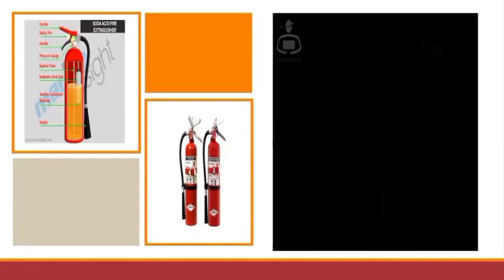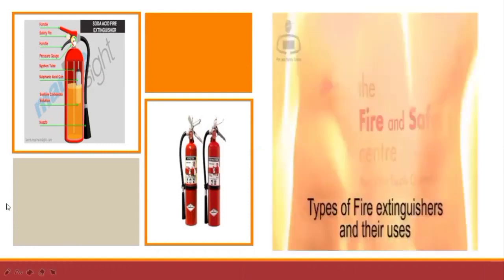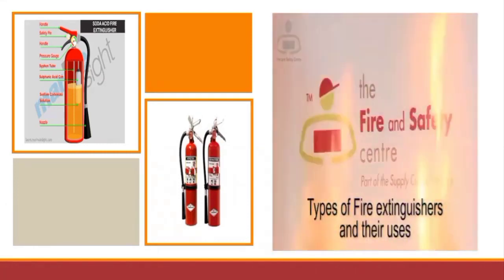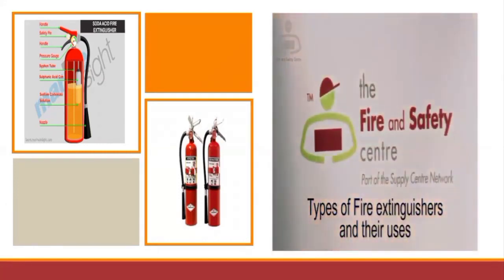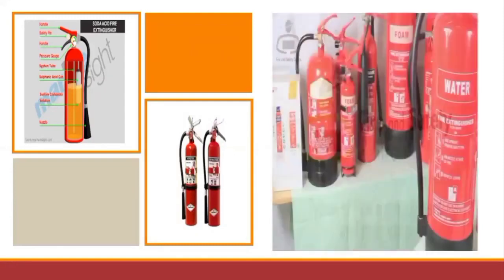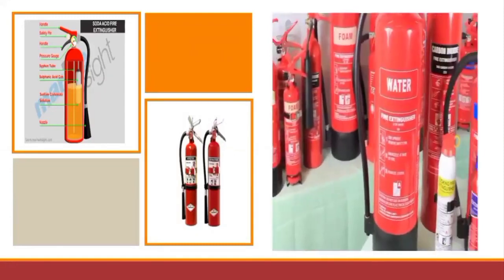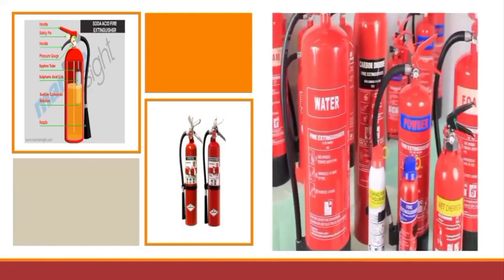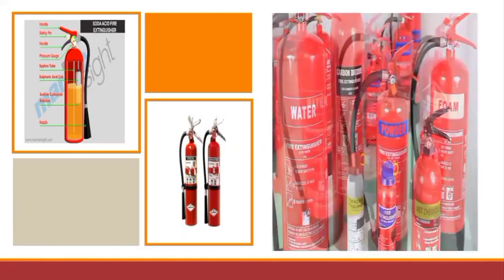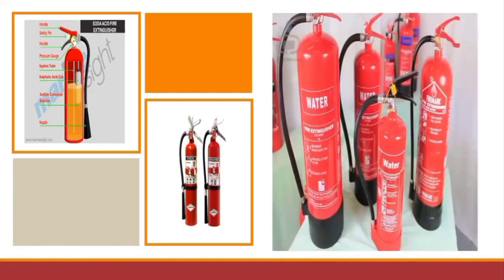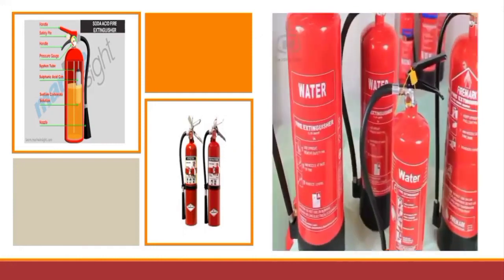So let us now proceed to the label of the fire extinguisher. So here, there are types of fire extinguishers, and each fire extinguisher has its own functions, depending on what classes of fire you are dealing with.